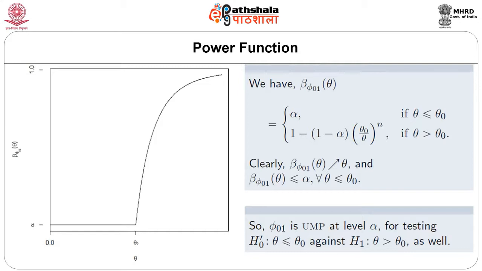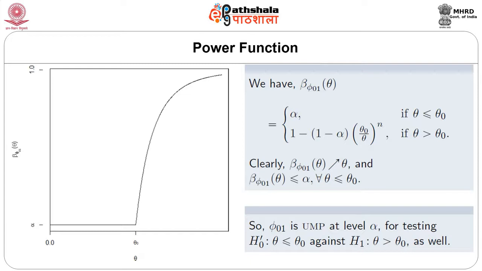So phi naught 1 is uniformly most powerful at level alpha for testing H naught prime, that theta is less than or equal to theta naught, against H1, theta greater than theta naught.